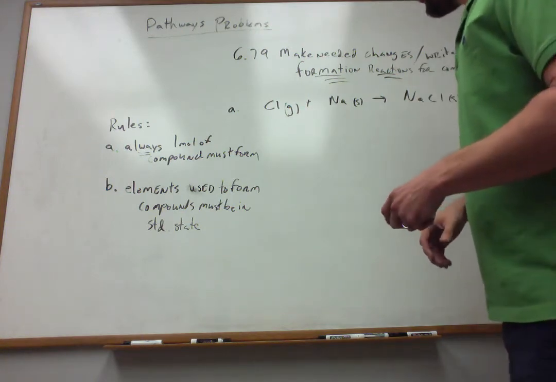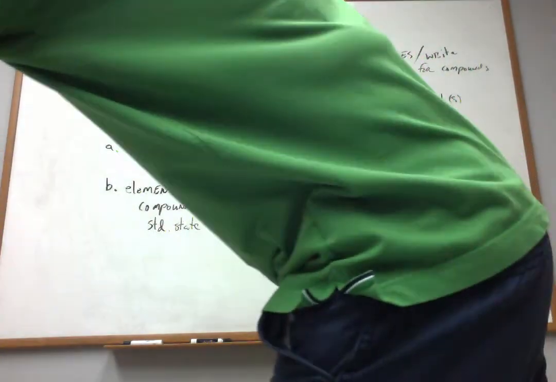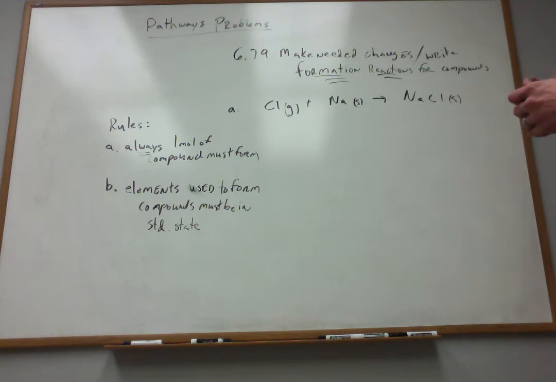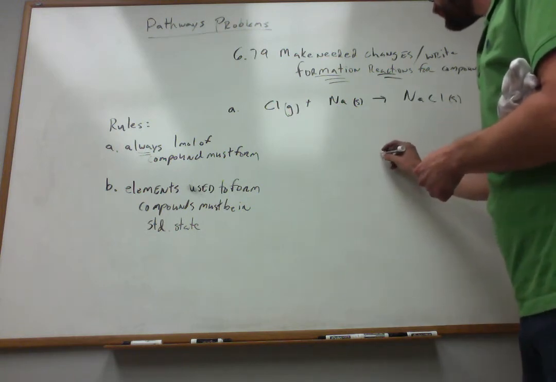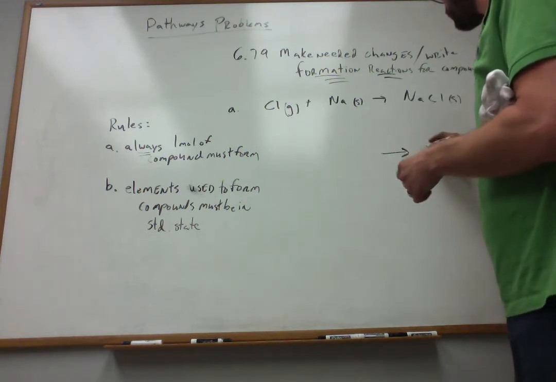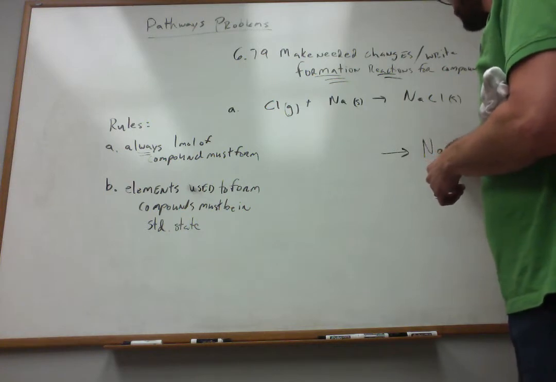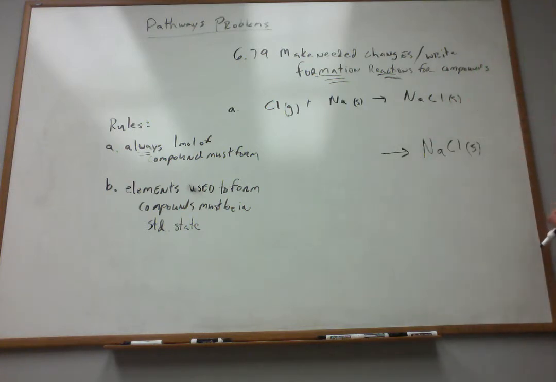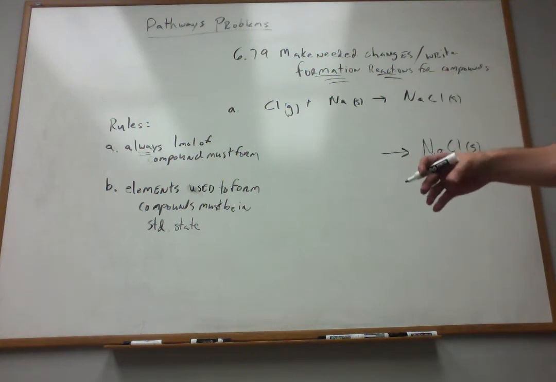I could pose this question just by saying write the formation reaction for sodium chloride and hope that you could do that. Based on the rules, the product is going to be sodium chloride solid, 1 mole of it, and we have to make that from its elements in their standard forms.